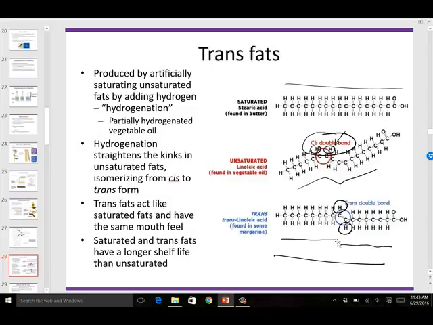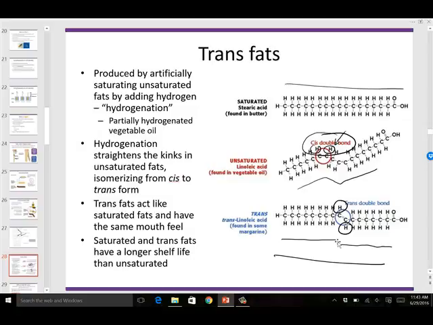Now, how trans fats are actually made, and you don't have to know this, it's just cool. They're actually produced artificially through a process called hydrogenation. So on the back of a nutrition label, whenever you read the words partially hydrogenated vegetable oil, it actually indicates the presence of trans fats. And what hydrogenation does is it takes regular unsaturated fats, adds some hydrogens, rearranges some of the bonds, isomerizing, changing some of those bonds from cis to trans form.